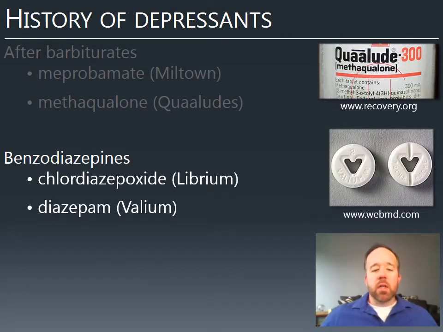One of the most common ones is, of course, diazepam, which is famously branded as Valium. So this is used as an anti-anxiety drug and a sleep aid. It also has a fairly long duration, considering it's a sleeping pill. Its effects can actually last for several hours afterwards.